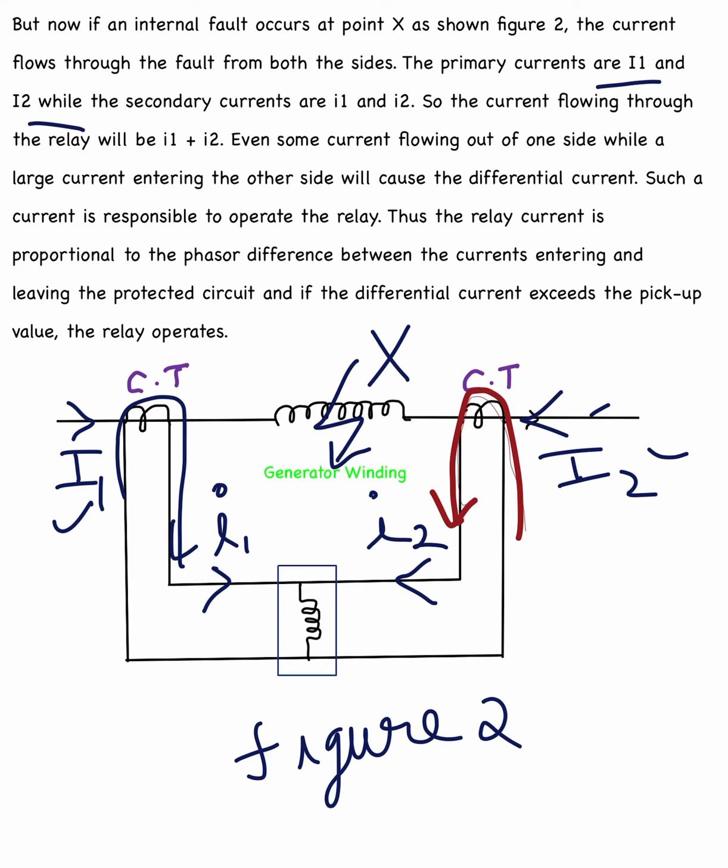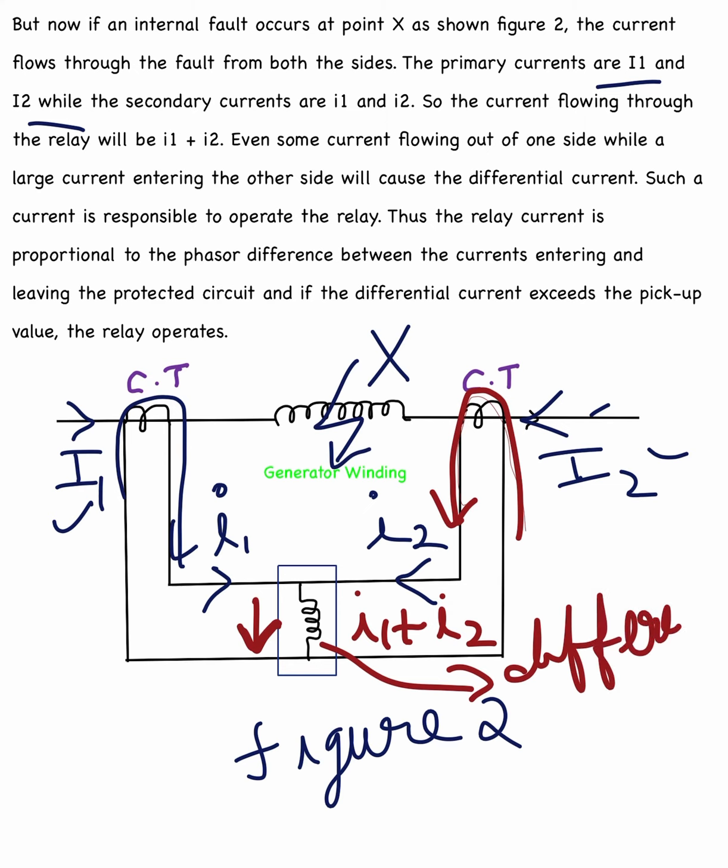So here you can see in the figure the currents I1 and I2 flowing through this, that is called the differential relay. So the differential current flowing here is I1 plus I2. That is the current flowing in the differential relay.